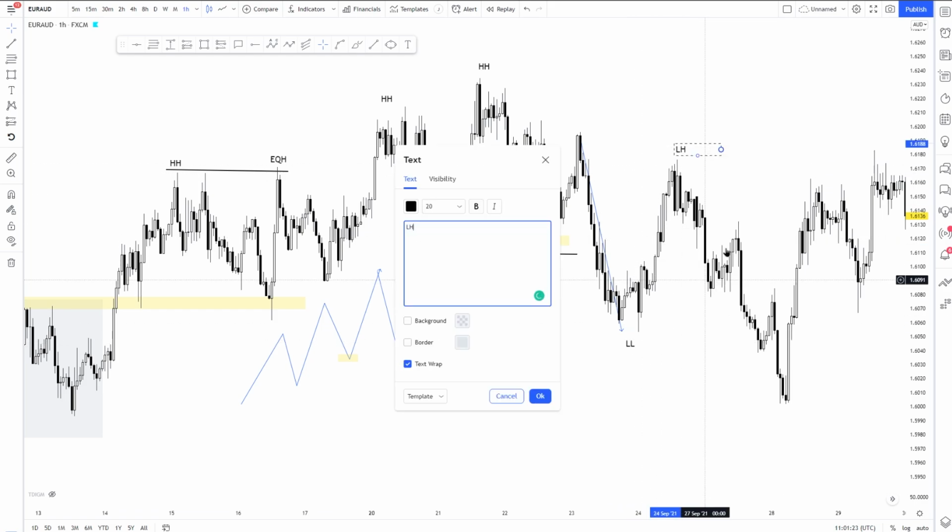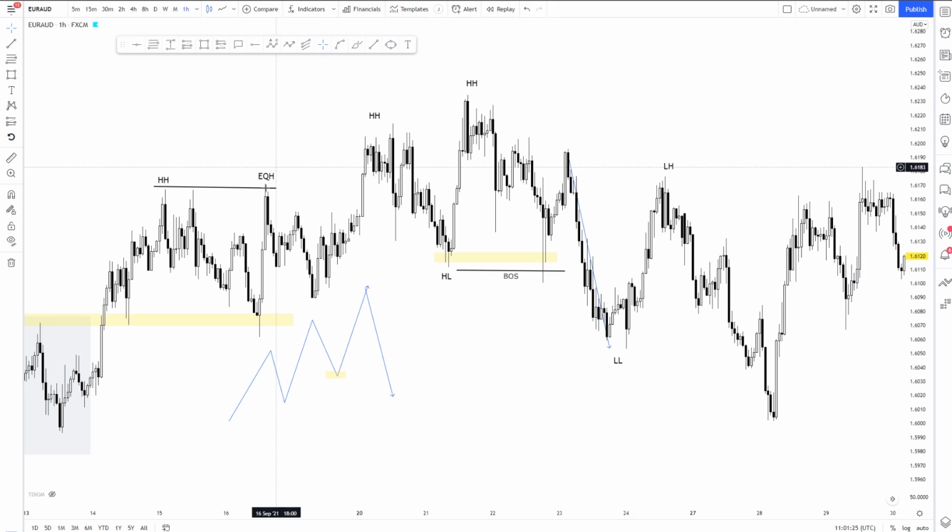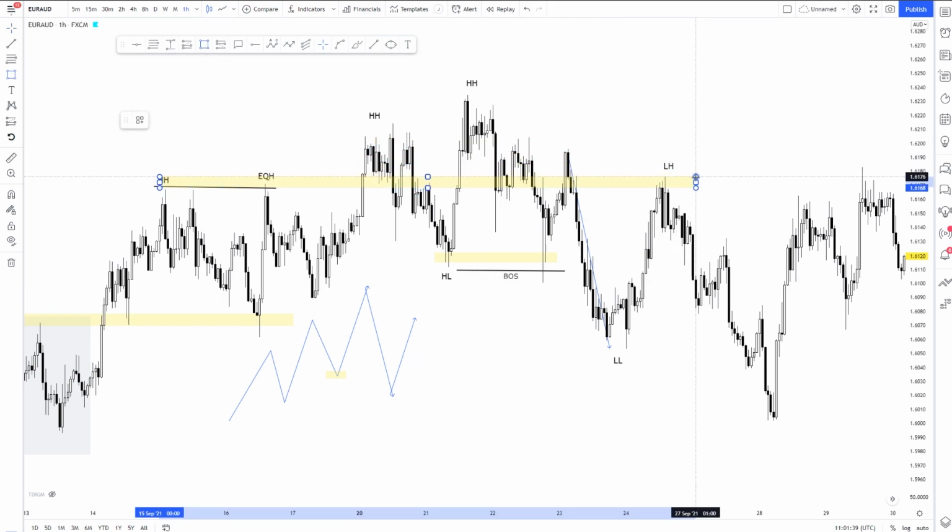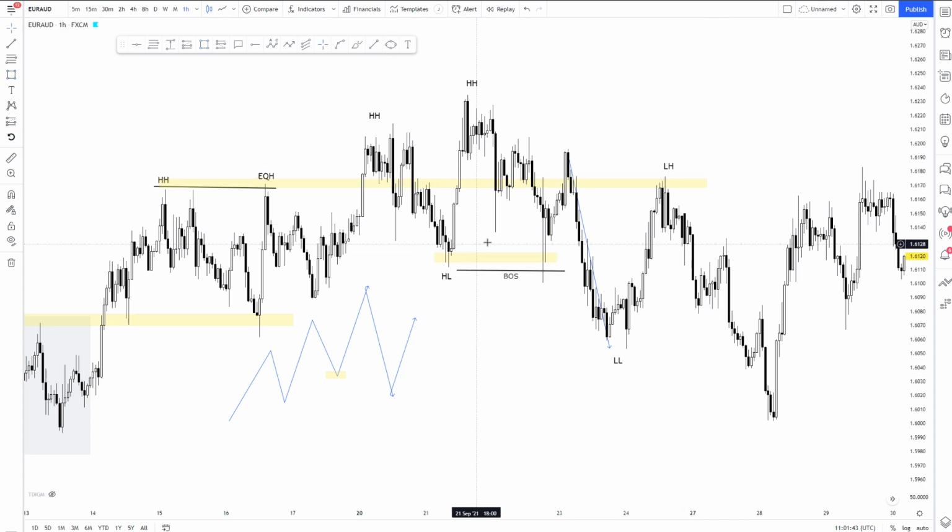So this would be the time to go short. The structure was broken. If I continue here, this would look something like this. A lower high. And if we look at previous highs, we can find this resistance, which now becomes support. And this is how you can take advantage of this structure. So this will be a decent trade opportunity right here.